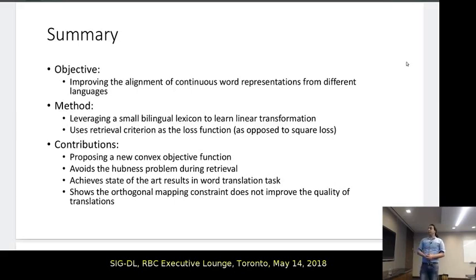We'll see what it is during the retrieval task, and retrieval here just means being able to generate the word in the target domain, given a word in the source domain. It achieves state-of-the-art results in the word translation task, and shows the orthogonal mapping constraint does not improve the quality of translations, which contradicts the belief so far.